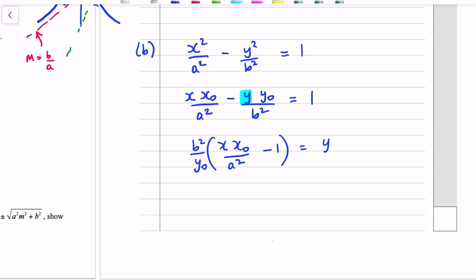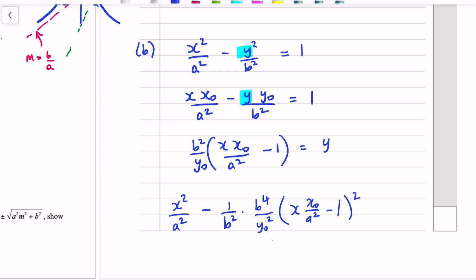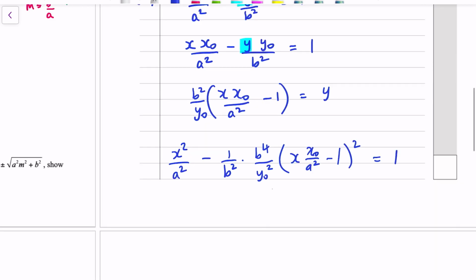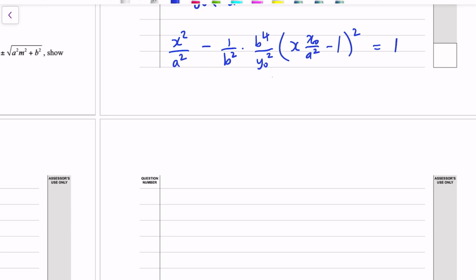Then substitute it into the top, into the hyperbola. Oh, I can't wait to do this. We're squaring the y equation, and I've got a 1 over b squared as well. b to the 4 over y naught squared, x naught over a squared minus 1, all squared, equals 1.